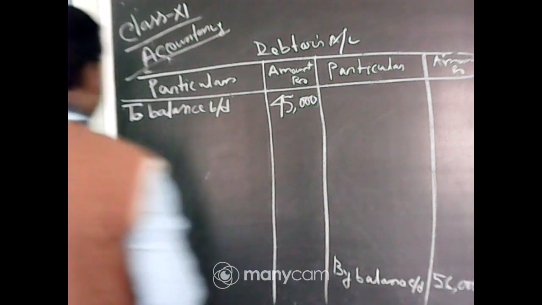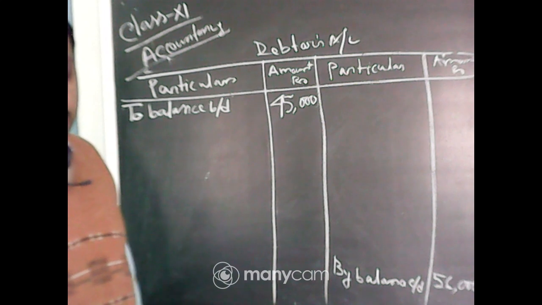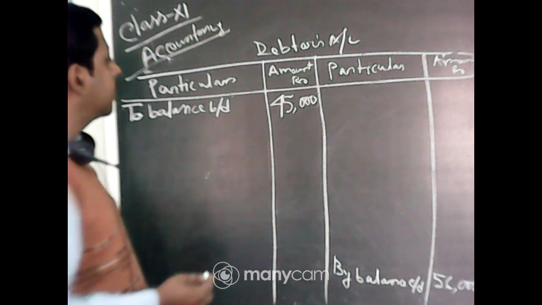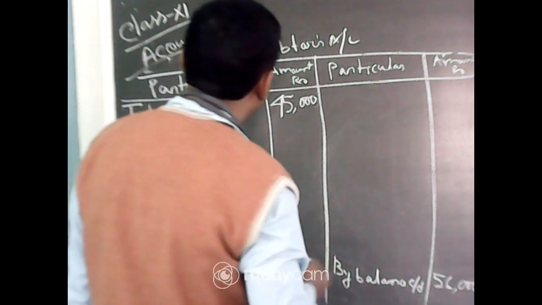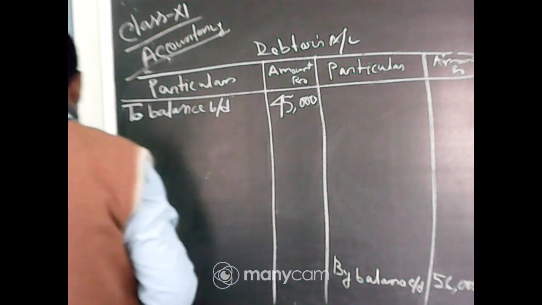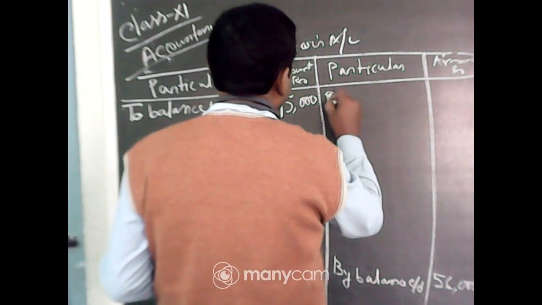Now discount allowed. In the previous question you saw we did not take discount allowed, because discount allowed is an expense, and that comes in the case of debtors. We allowed the discount to the debtors, that is 2,500 by discount allowed.